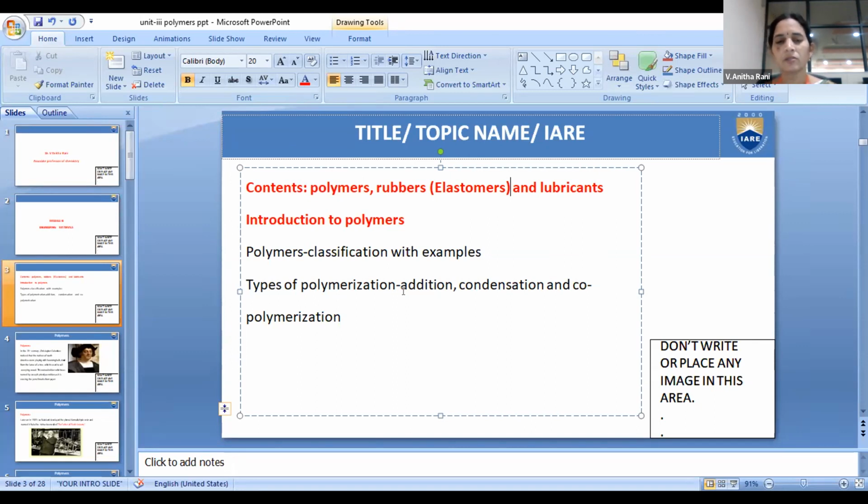Second topic, difference between thermoplastic resins and thermosetting resins.